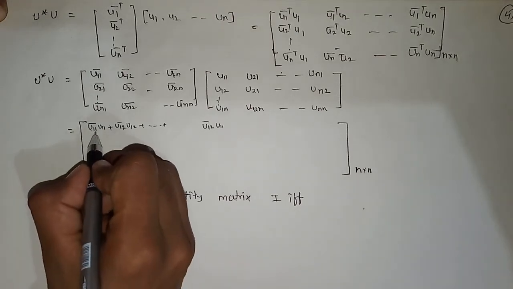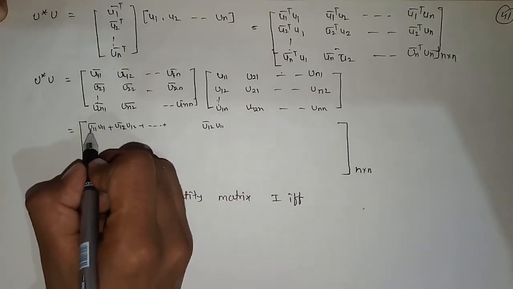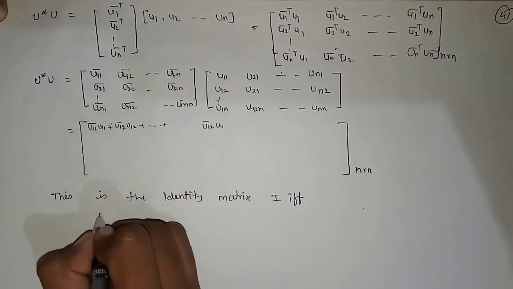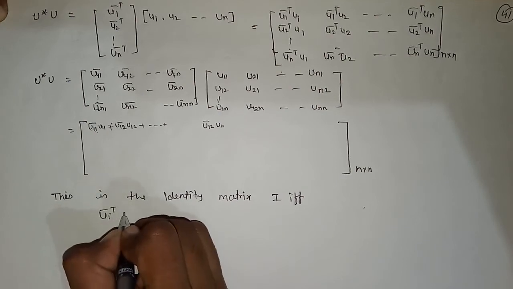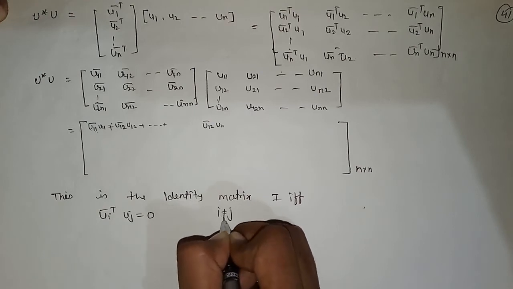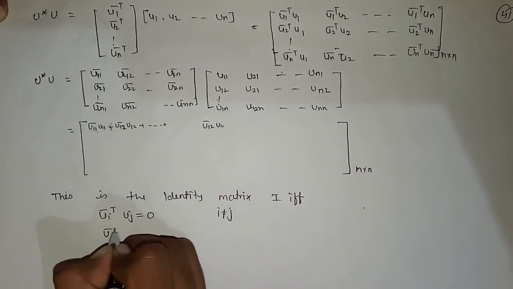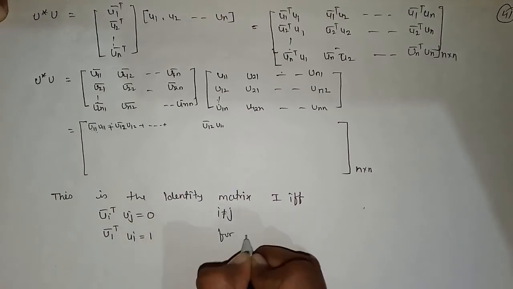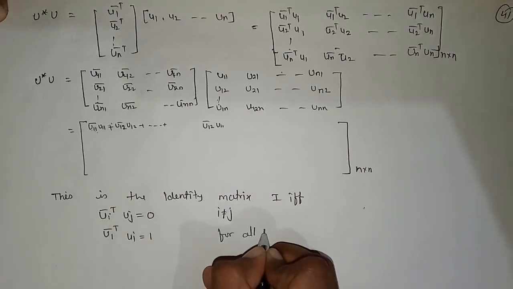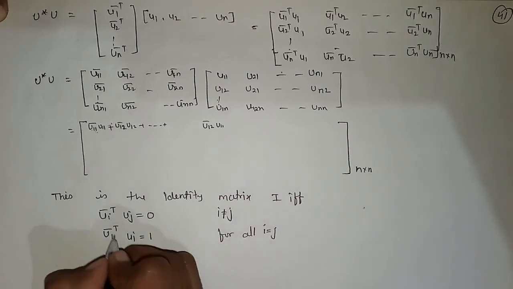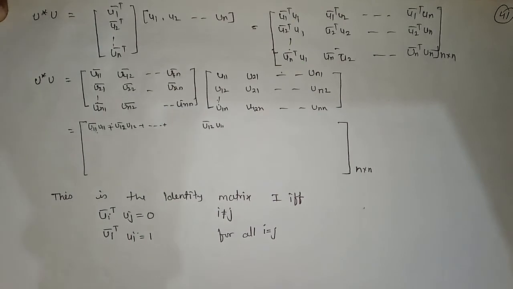We have u11 and u11 bar as the same term, so its product will be 1. So here ui bar transpose uj is equal to 0 if i is not equal to j, and ui bar transpose ui is equal to 1 for i equal to j.